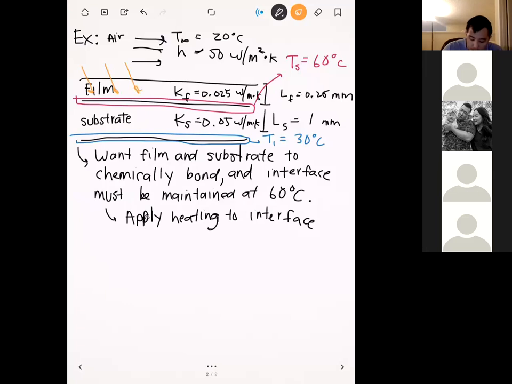You design the laser such that it passes through the film and applies the heating straight at this interface. The heat flux at this interface is what we're going to be solving for.